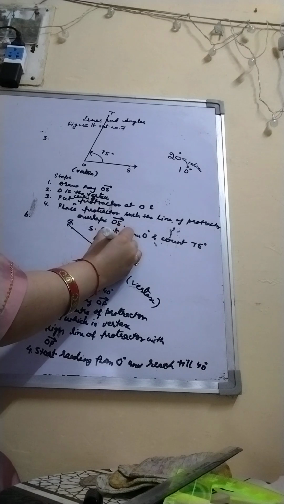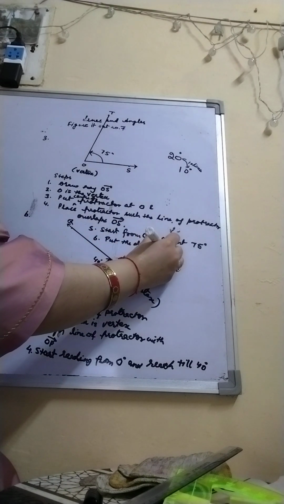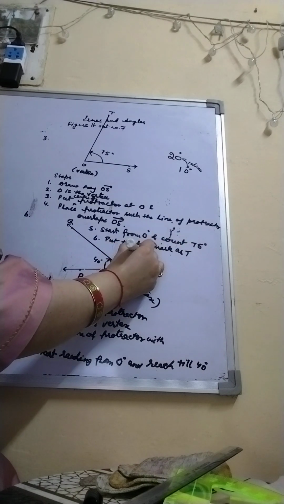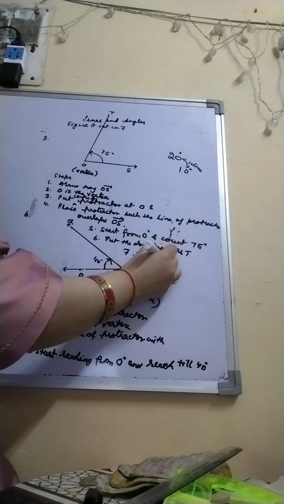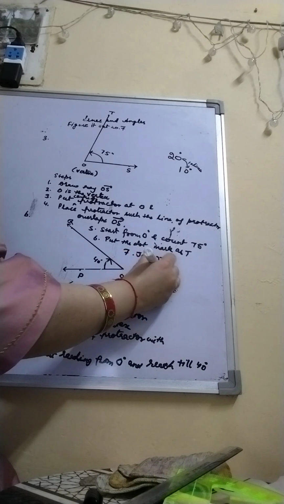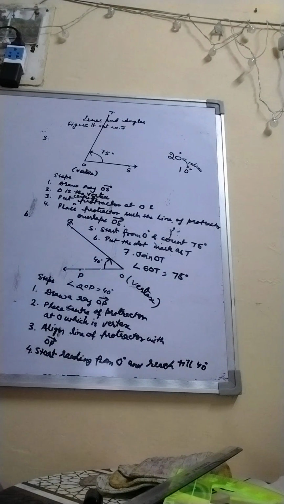Put dot, mark as T, join OT and angle SOT is equal to 75 degree.